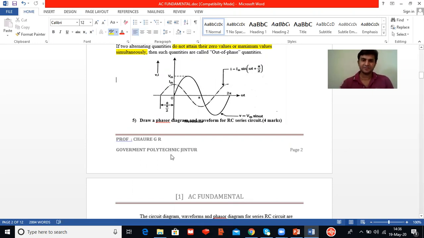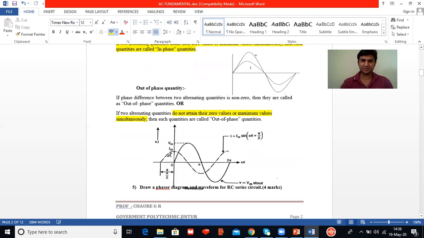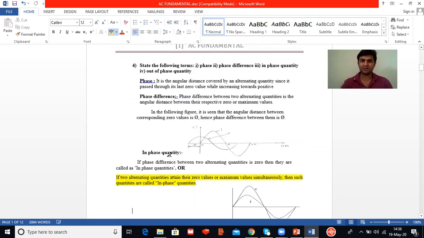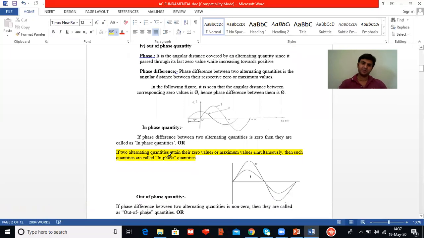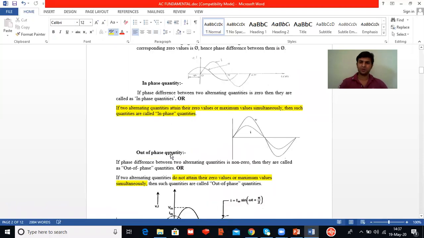So this is the question we have seen: we have to define the terms in-phase quantity, out-of-phase quantity and phase difference, and with the definition we have to draw the diagram also.